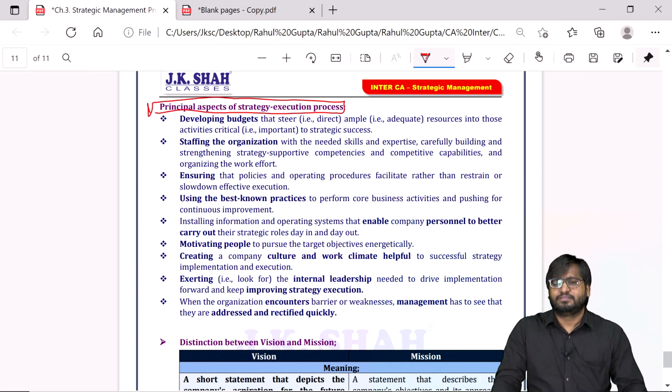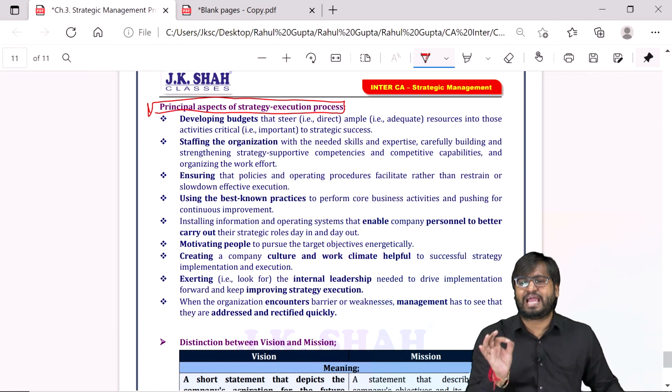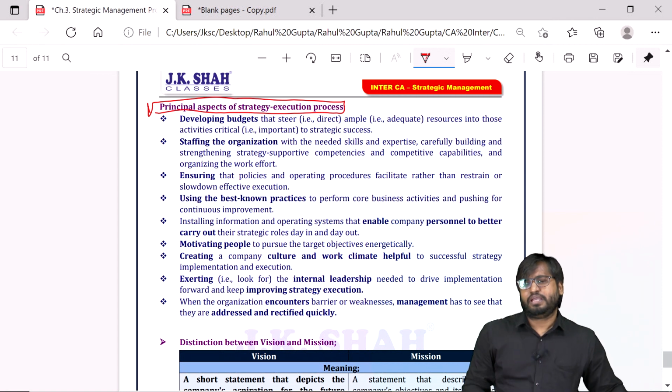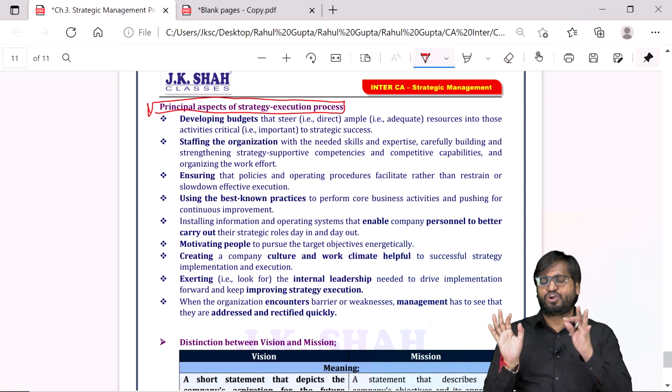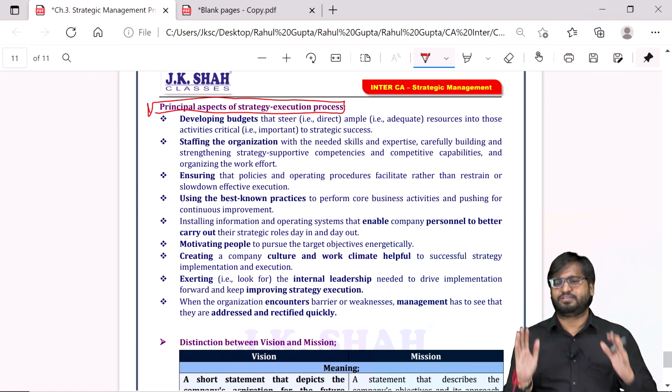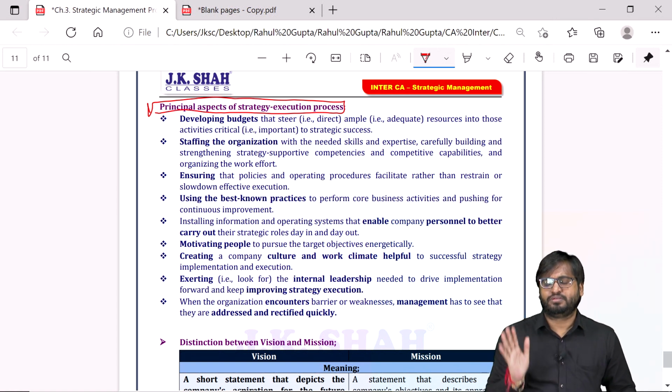After that, we have to develop standard operating procedures and policies for the employees. Every employee, every department should be given standard operating procedures and policies. This is the way the task should be performed.